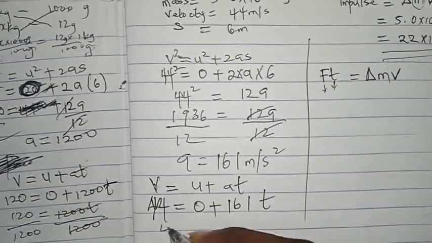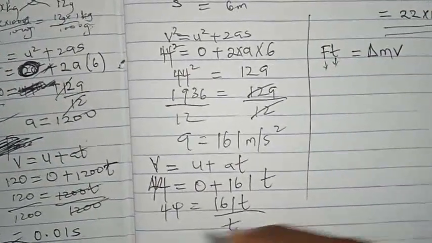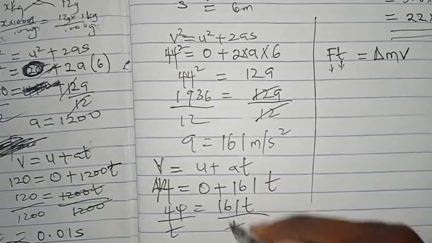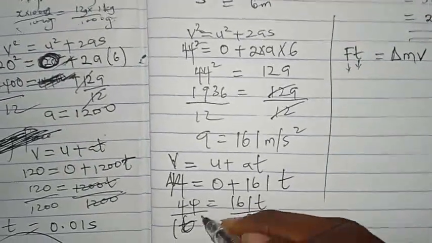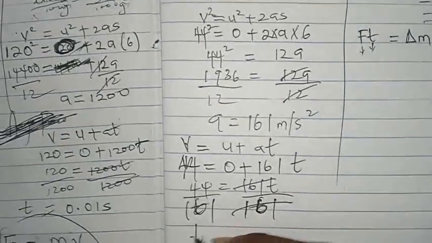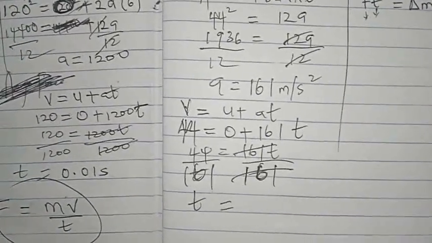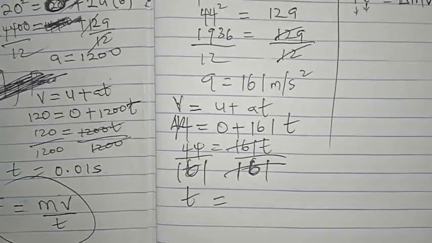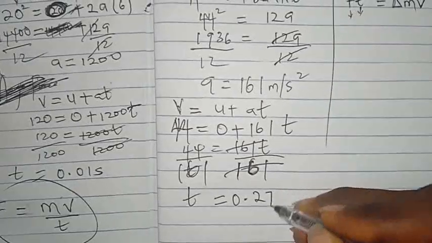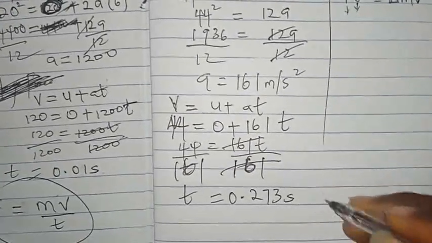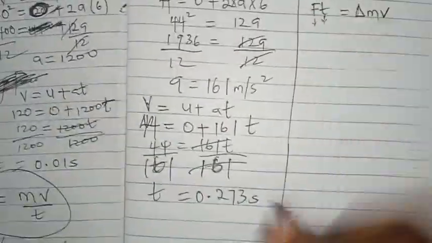So 44 equals 161t. Divide both sides by the coefficient of t, 161, because it's t we are looking for. So t will be equal to 44 divided by 161, which is 0.273 seconds. So we've gotten the duration.